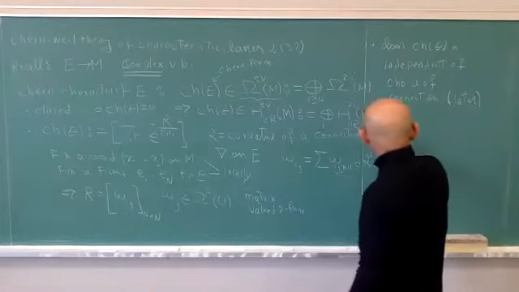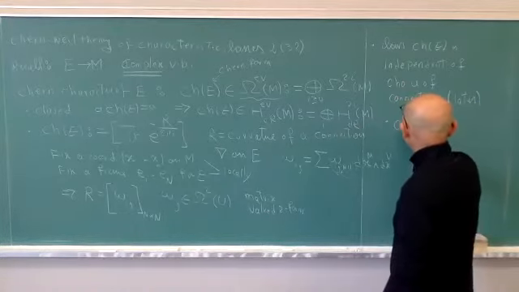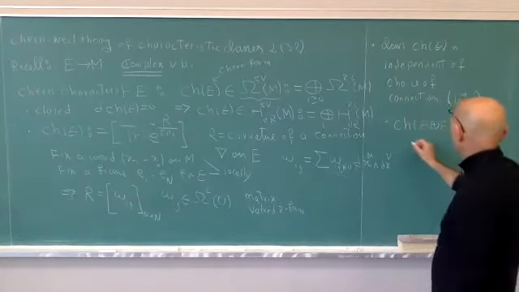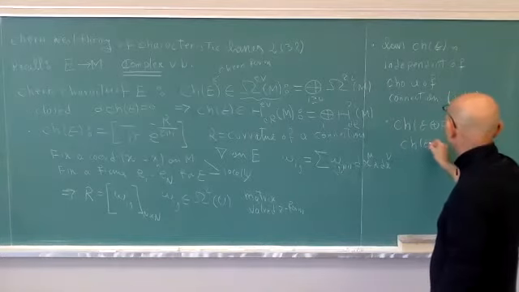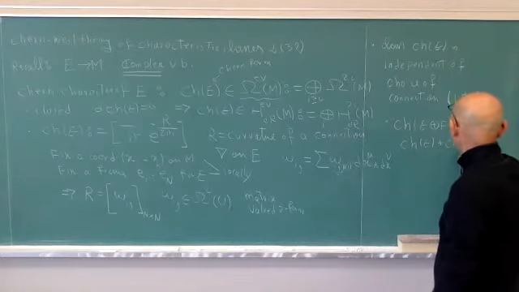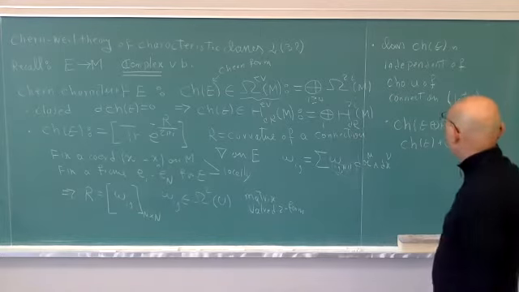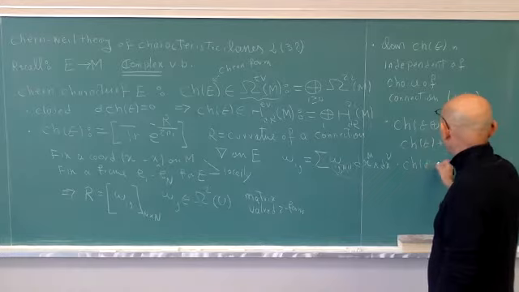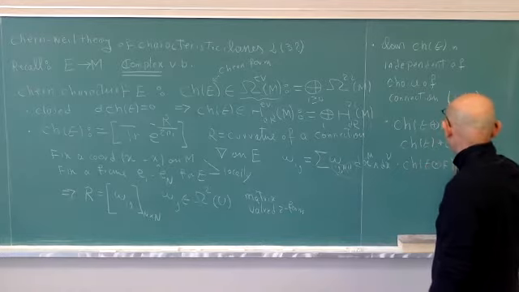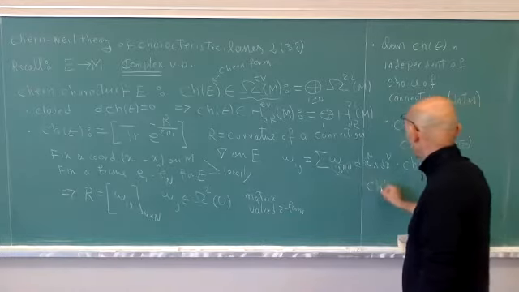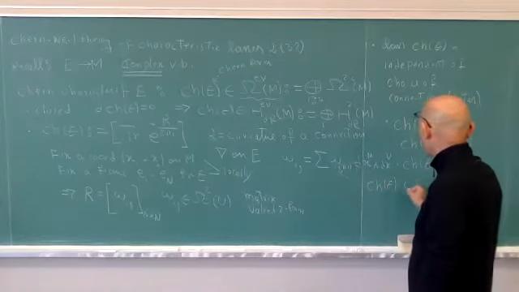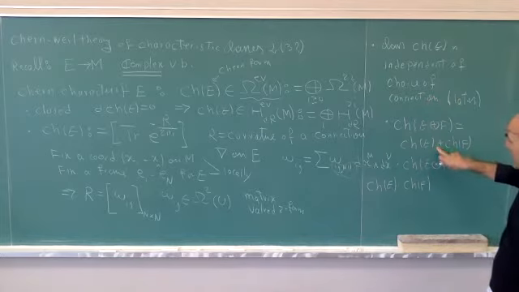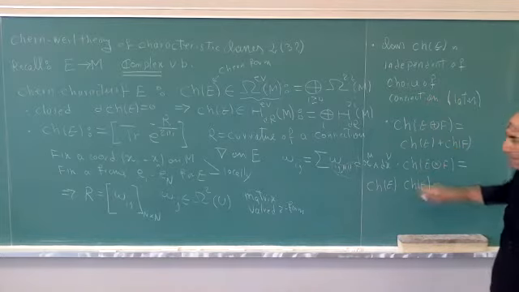But then the things that we proved was that Chern of E direct sum F was equal to Chern of E plus Chern of F. And we also checked that Chern of E tensor F is equal to Chern of E times Chern of F. So it's really additive and multiplicative, right?